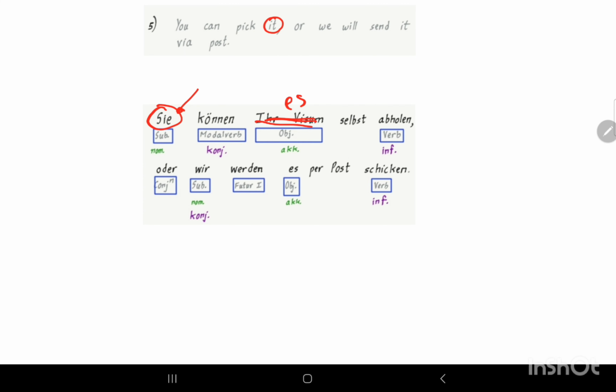Okay, depends. So Sie können es selbst abholen. Selbst you don't need to use, but here it means on your own, yourselves. Oder wir werden es per Post schicken. Okay, this is obvious. You conjugated werden. This is called Futur 1, but just think werden you use when you're talking about future. Schicken will be the infinitive form.